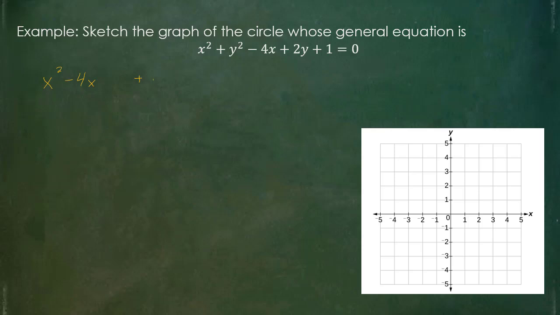If I move on to now the y's, I have y squared and a +2y. And I'm just going to take that -1 and move it over to the other side because I'm eventually wanting the other side to turn into just a number so I could identify what my radius was. So now it just turns into completing the square.